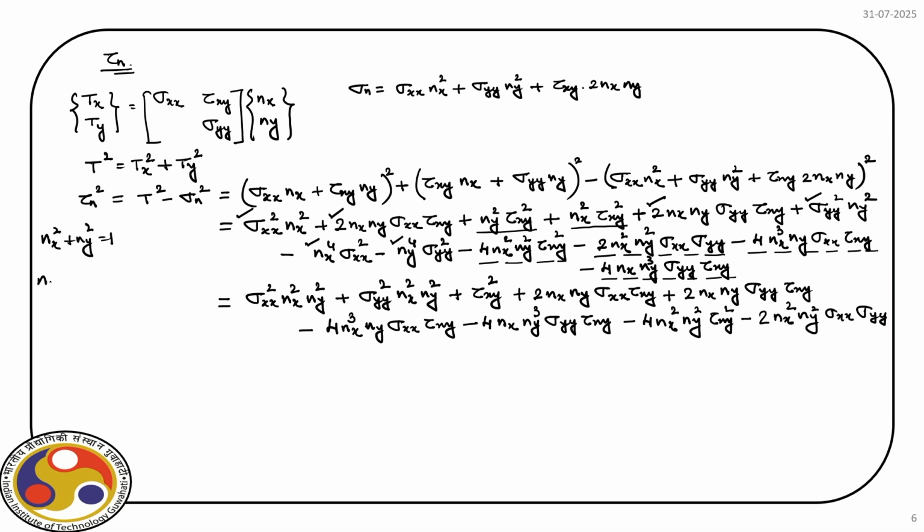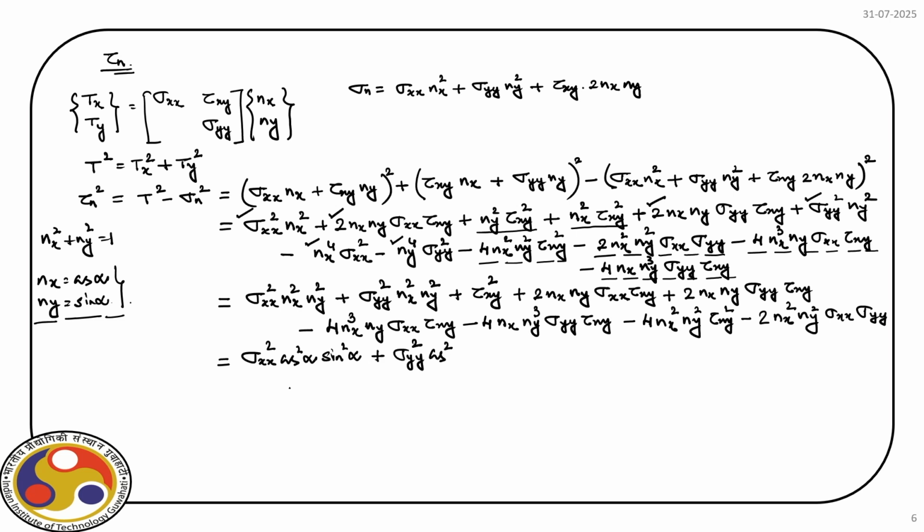Now, if you recall, nx is equal to cosine of alpha and ny is equal to sine of alpha. So, at this stage let us introduce this, because we will see whether we get back the term that we derived earlier. Okay. So, what we have here, sigma xx square, then cos square alpha times sin square alpha plus sigma yy.